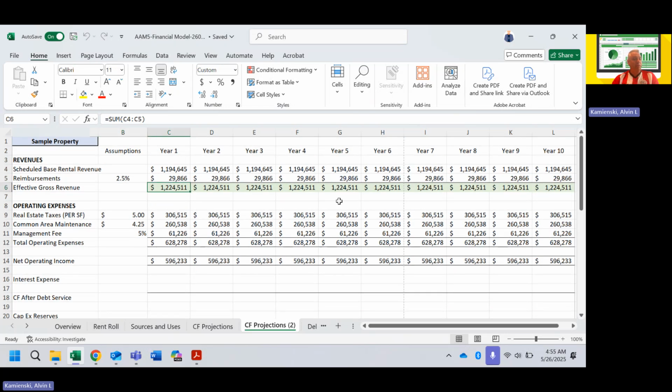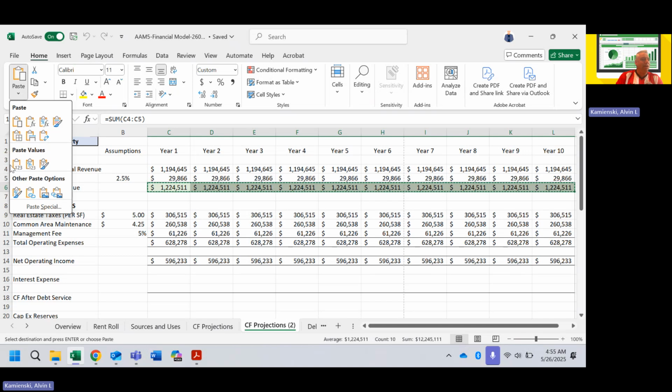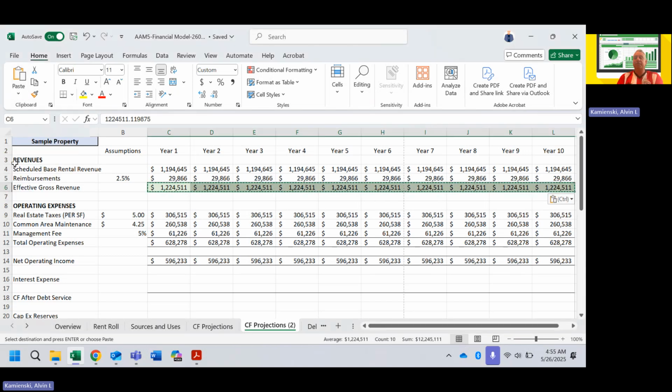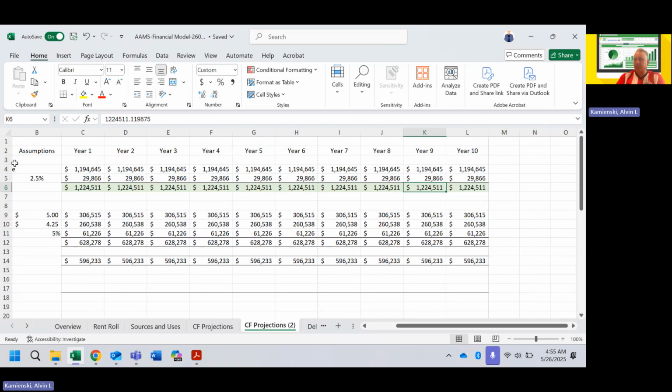Then on cash flow projections 2, these are all sums, aren't they? Copy all those sums and paste them back over the top of themselves as values so that they are not formulas, but instead they are values.